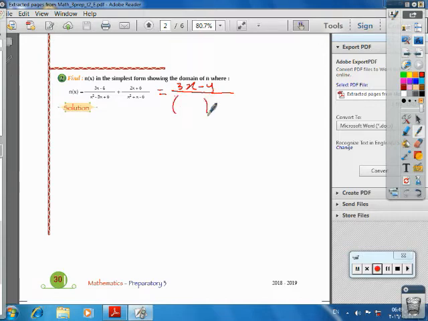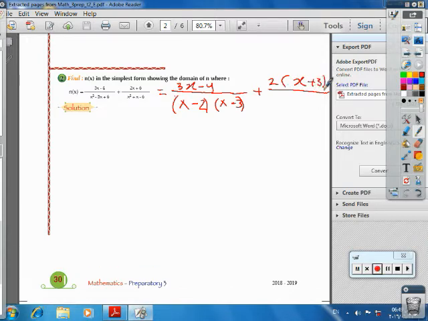Two brackets, x and x, and negative 2, negative 3, plus, in the numerator we can take the HCF 2, then 2x divided by 2 equals x, 6 divided by 2 equals 3.